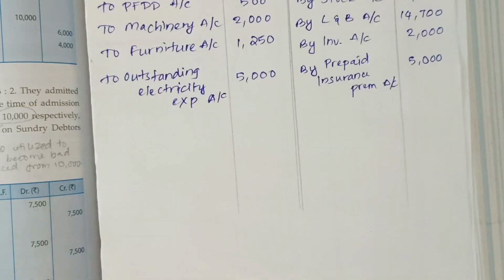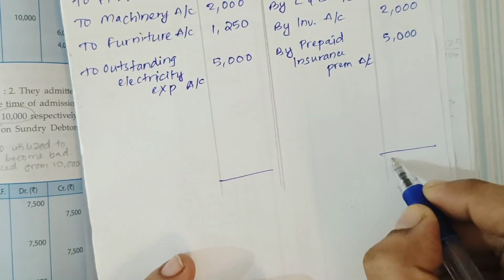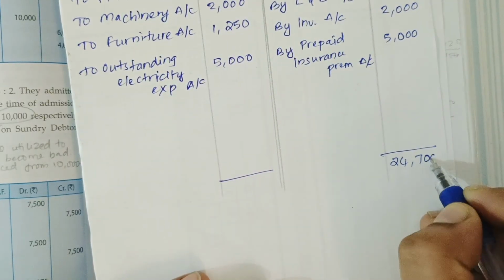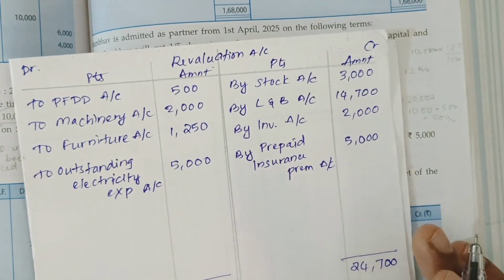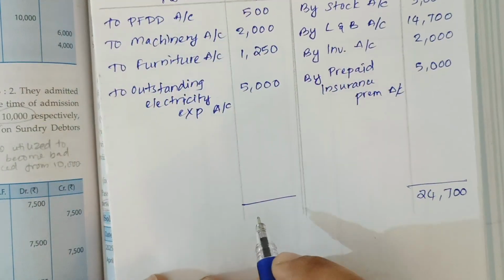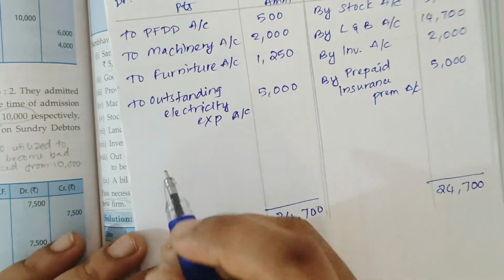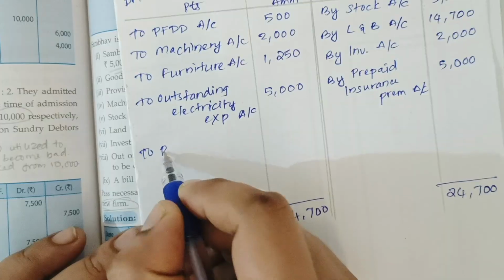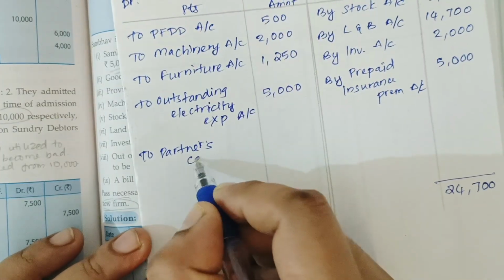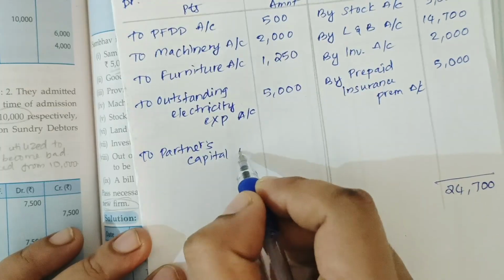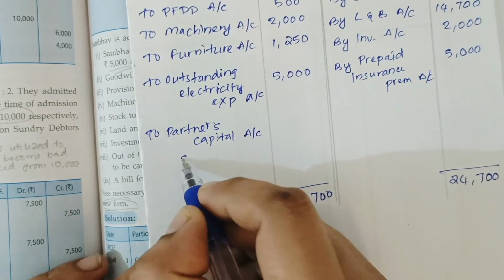Now let's total the sides, total both sides. This side, credit side, is more than the debit side, so the balancing figure will come on the debit side of revaluation account. To partners capital account. Who are the partners?